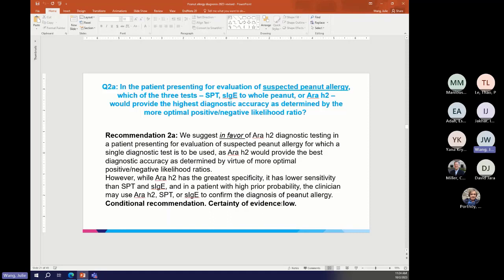So question number 2 looks at when we think that there is suspected peanut allergy, what test should we use if we decided that testing is what we want to do?